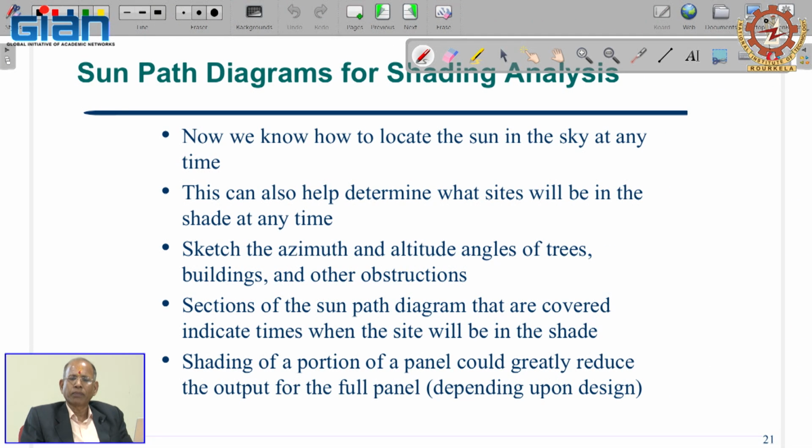If you have any tall buildings or trees, you have to be mindful that shading does not occur on the PV panel. You have to have some prediction where you are going to install PV, so that no big hotel is going to come which will cause shading. All these things you have to keep in mind.